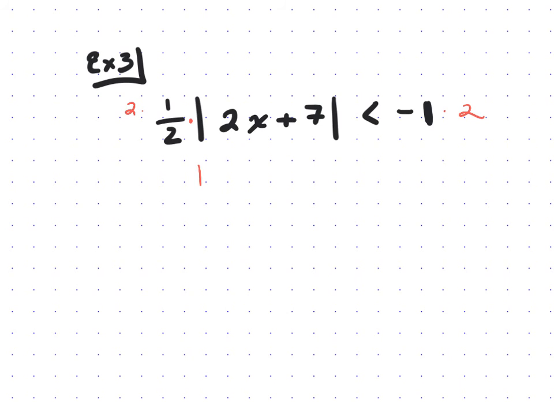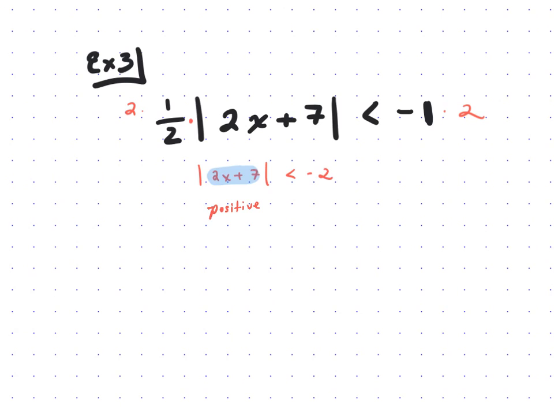Anyway, so the absolute value of 2x plus 7 is less than -2. Now, maybe you're remembering from our other examples, when you have it equal to a negative or greater than a negative, something weird's going to happen. And you need to kind of stop what you're doing, right? Freeze, notice that something's weird, and think, what could I possibly plug in, then take the absolute value? No matter what you plug in, this is going to be a positive number.